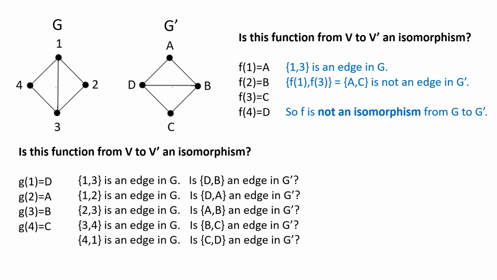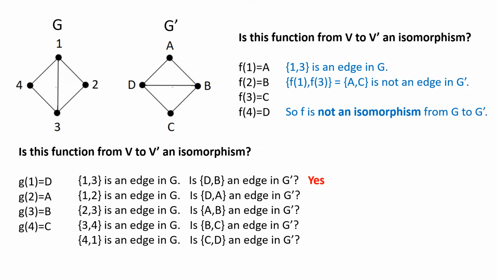So let's just start with the edge 1, 3. 1, 3 is an edge in G. So we've got to see what corresponds to 1 and 3. So looking at those G values, 1 and 3 corresponds to D and B. So we would need to ask ourselves, is there a line between D and B? And we would find, yes, there is.